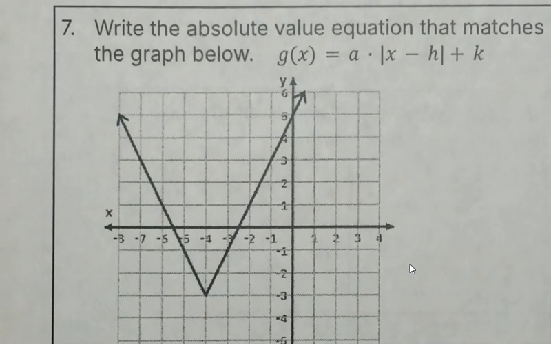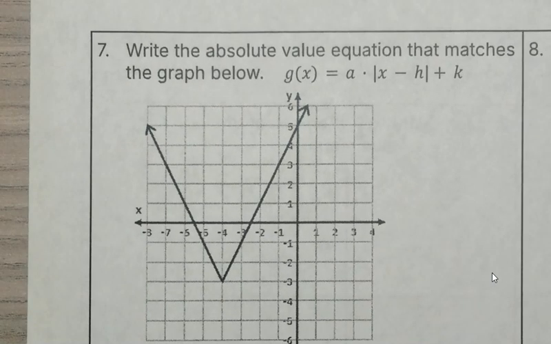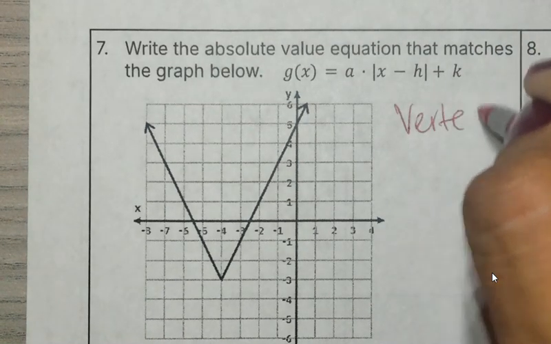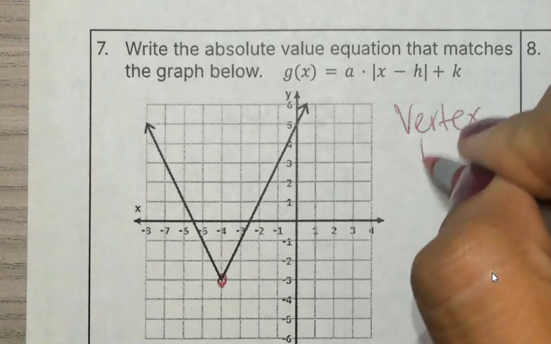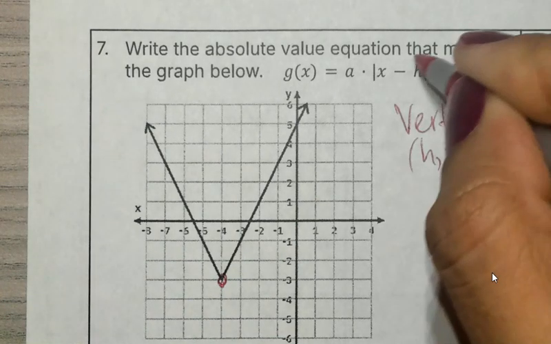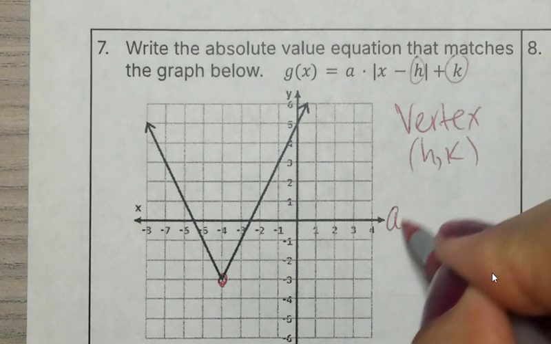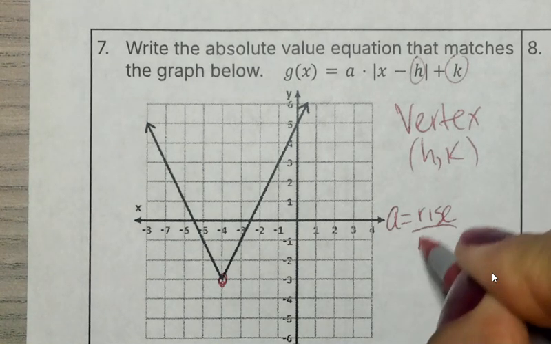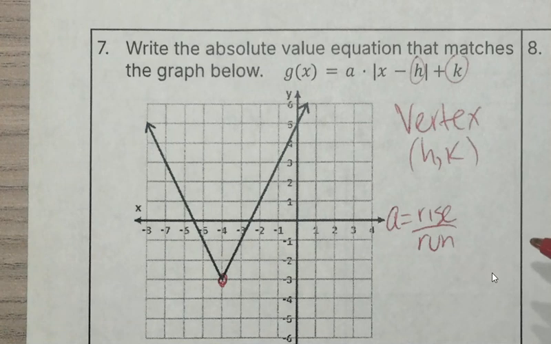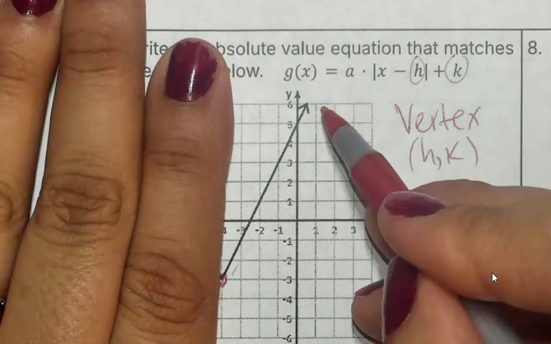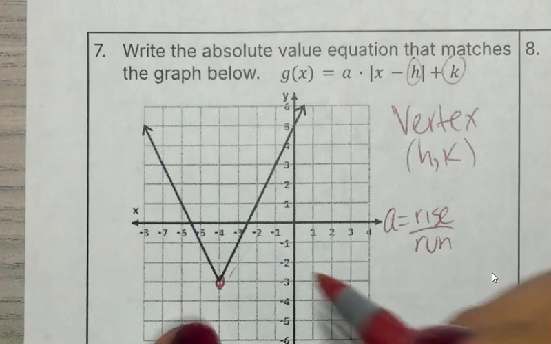All right, the next problem is writing an equation from a graph, and we just need to look for the vertex of the graph, because that is your H and K, and those are the numbers that will replace those letters. And we need to find the A value, which is the rise over run of the graph, but we gotta look at it going on the right side, not the left side.